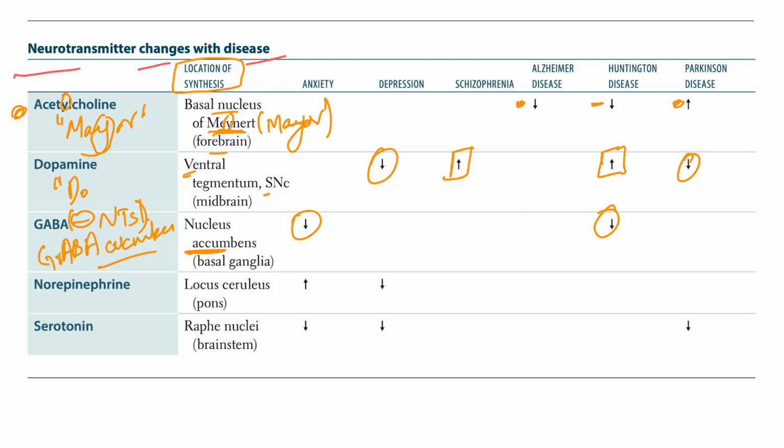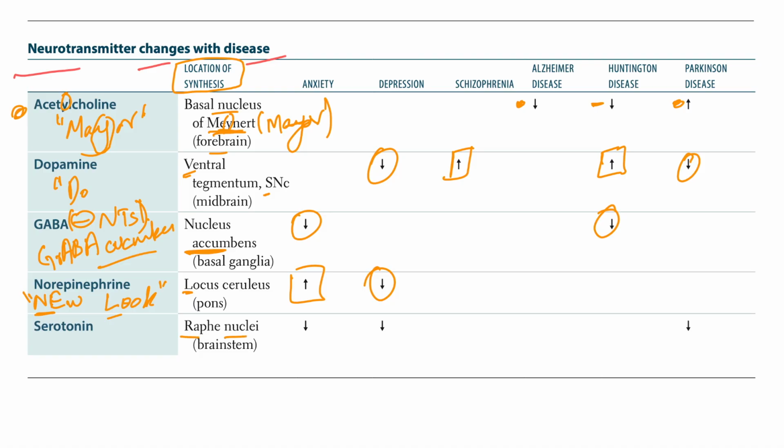Norepinephrine, it is the locus ceruleus. Locus ceruleus for norepinephrine, you call it NE, right? So NE, L for locus ceruleus. Okay, and it is increased in anxiety and decreased in depression. Then you have the last one, which is serotonin.